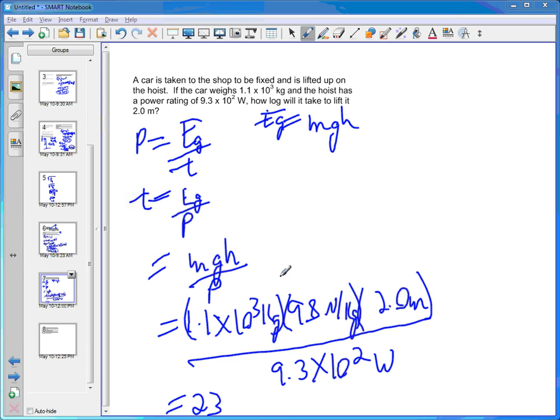Newton meter per watt. Well, a watt is a joule per second. A newton meter is a joule, and a watt is a joule per second. Therefore, the joules cancel out, the seconds move to the top, and we're left with seconds.